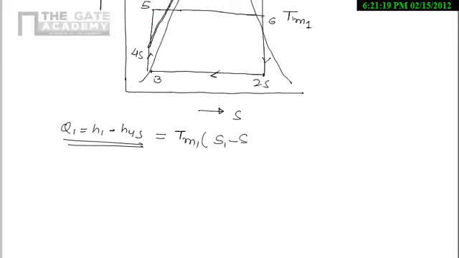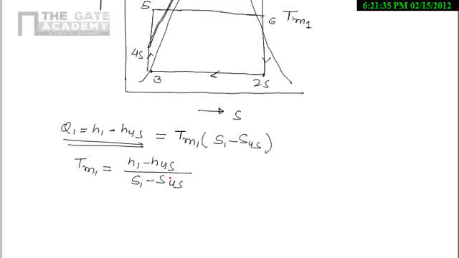So I can write S1 minus S4s. So now Tm1 is nothing but H1 minus H4s divided by S1 minus S4s.